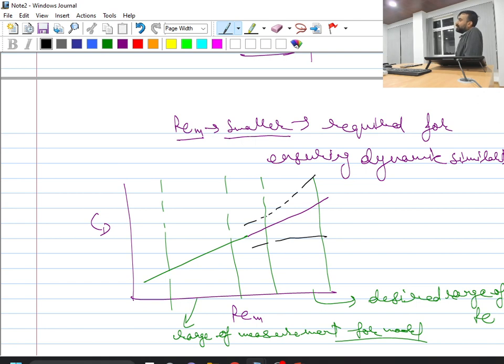Whenever you further study your courses like design of energy conversion devices, where you talk about turbines, pumps, etc., there you will do more analysis on model and prototype testing. There you will find that sometimes ensuring 100% dynamic similarity is not possible, so we have to go for some sort of extrapolation, and whenever extrapolation comes into the picture, of course there will be some errors associated with that analysis.